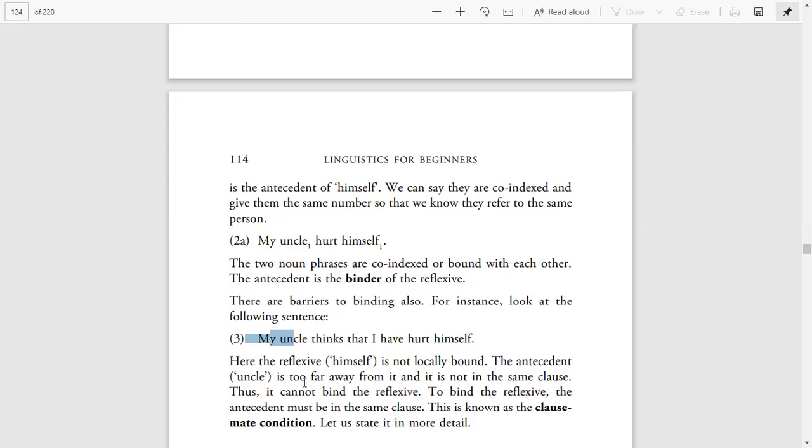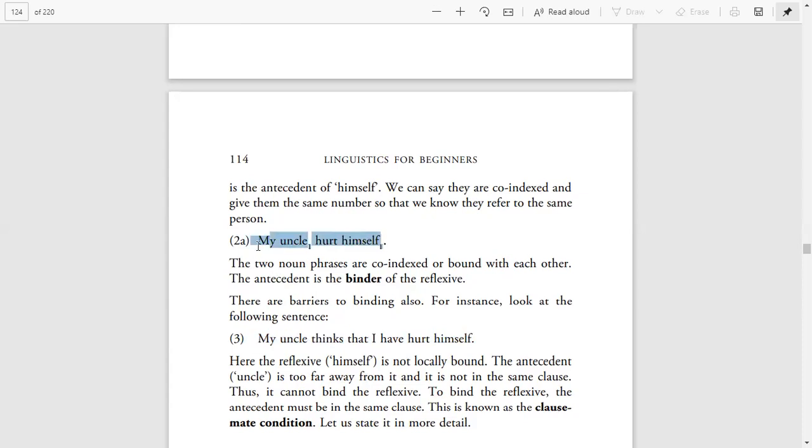Why? The antecedent, my uncle, is too far from the reflexive, and it is not in the same class, because this is a different class. This is class number 2 and this is class number 1. So we have two classes here, but in the earlier sentence we had only one class.